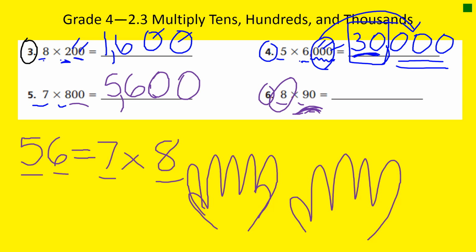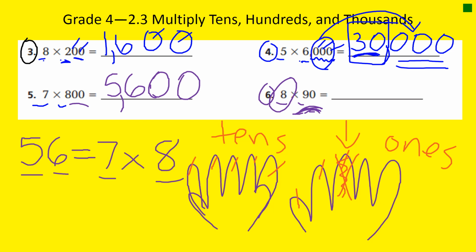You're multiplying by 8, so you count your 8th finger over. 1, 2, 3, 4, 5, 6, 7, 8. Put that finger down so you can't see it anymore, and that finger is like the separation between the 10s and the 1s.